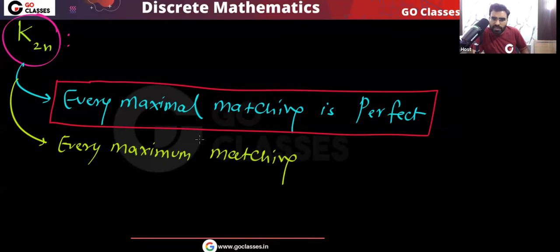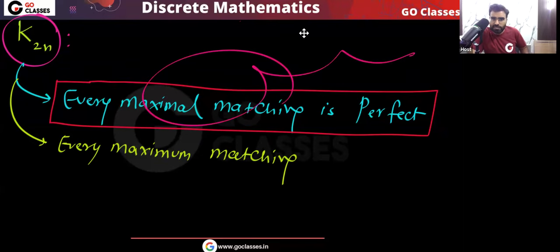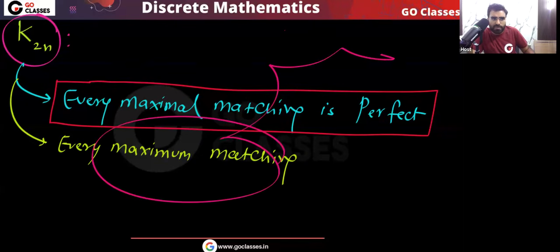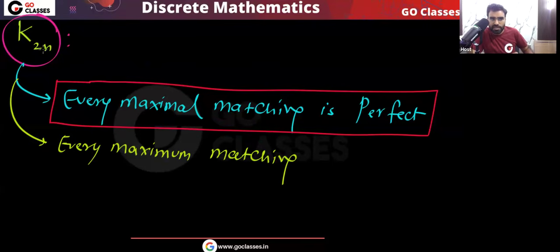If the graph is not complete, then a maximal matching may or may not be perfect. A maximal matching may or may not be maximum. A maximum matching may or may not be perfect in a general graph. But in a complete graph, every two vertices are adjacent, so every maximal matching is perfect. Every maximum matching is also perfect.